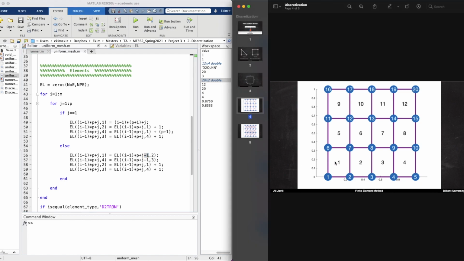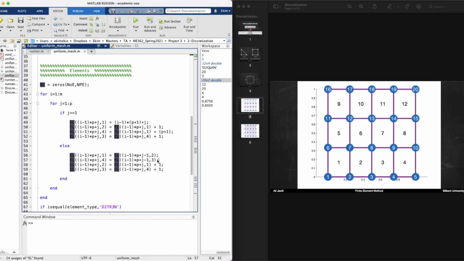And then similarly, the fourth node of the second element, so 1, 2, 3, 4, is actually the third node of the first element, so 1, 2, 3. And on this line here, we have that. So again, we have an index, node 4 is equal to that index -1, the previous element, node 3.